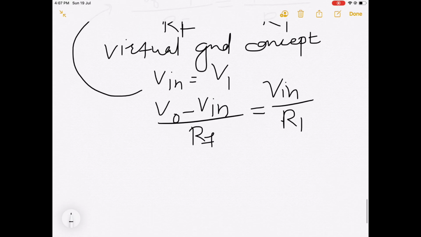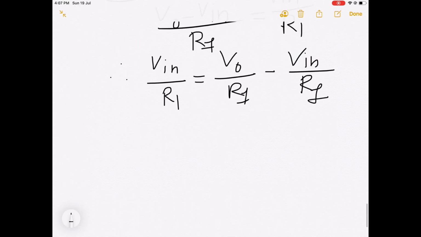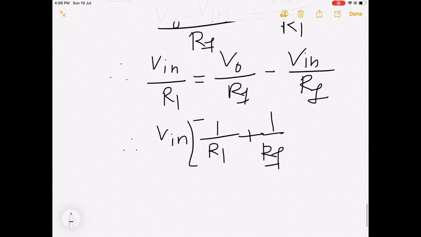So, solve this and finally, after solving, suppose Vin by R1 equal to VO by RF minus Vin by RF. Taking Vin common, it will be 1 upon R1 plus 1 upon RF is equal to VO by RF.